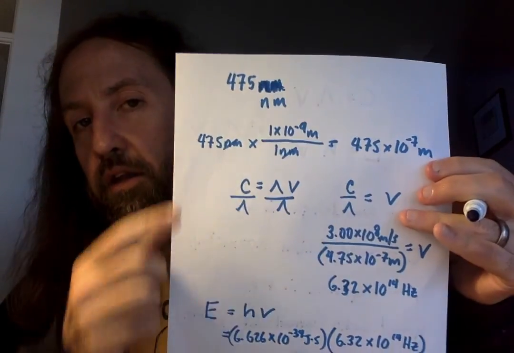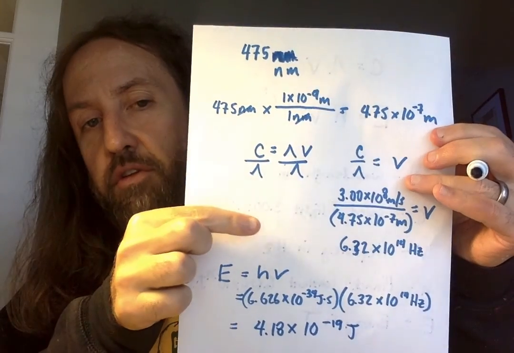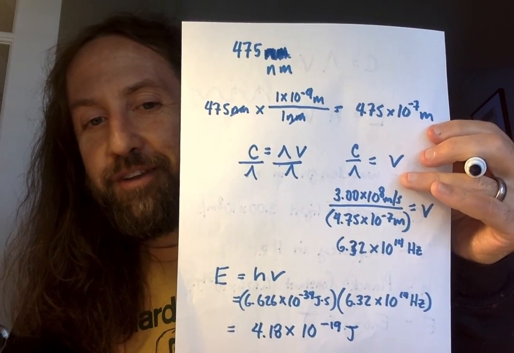So that's going to be 4.18 times 10 to the negative 19th joules. So they give you a wavelength in nanometers, use it to find the frequency, take your frequency down to find the energy. Not too bad.